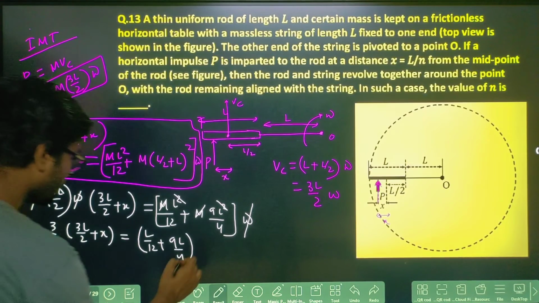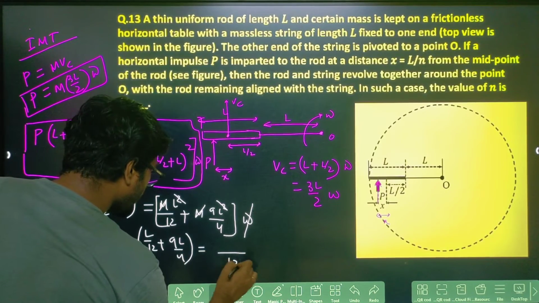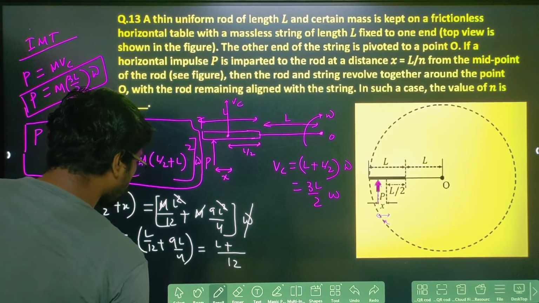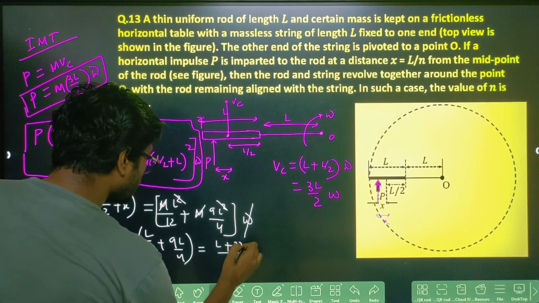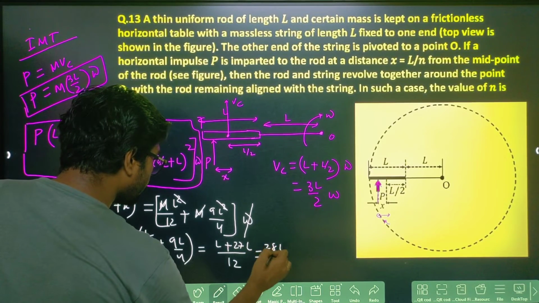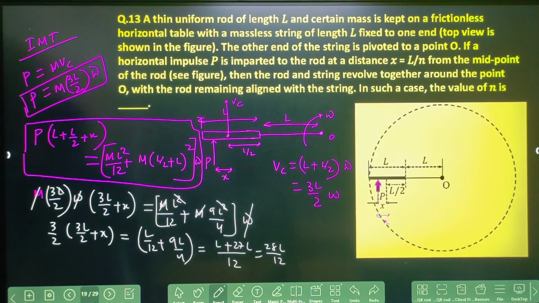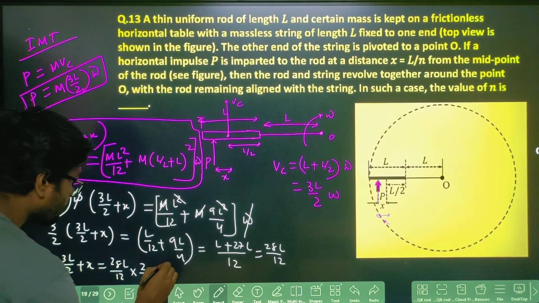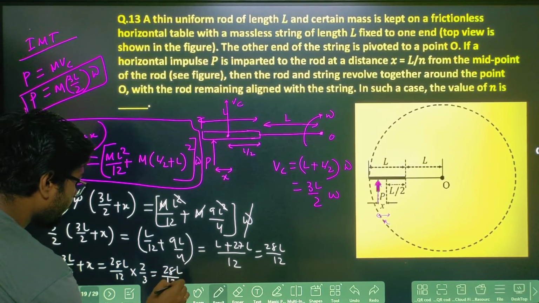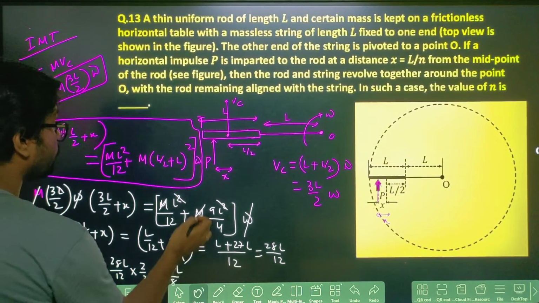So this is coming 12 L plus 27 L, that is 28 L by 12. So I can say that 3 L by 2 plus x is equal to 28 L divided by 12 into 2 by 3. So 28 L divided by 18. This much will come.